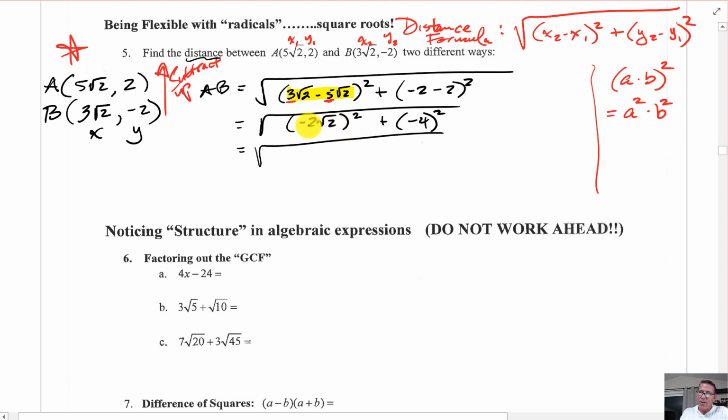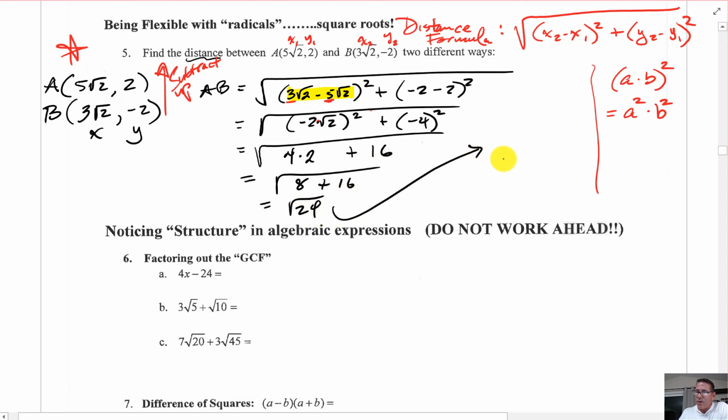You got to square the negative 2 and you got to square the root 2. When you square the negative 2, you get 4, times the square root of 2 squared, which is 2. Notice I put a dot there for times. When you square the negative 4, you simply get 16. And then 4 times 2 is obviously 8, so you get 8 plus 16, and that's square root of 24.